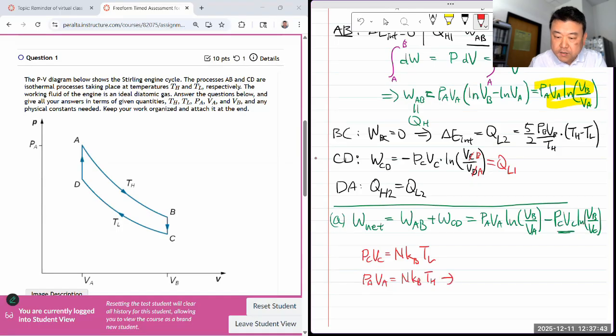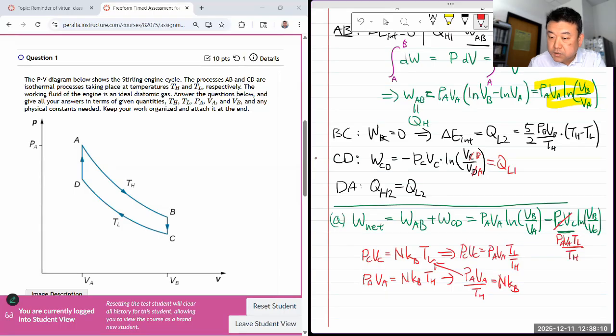So I solve this for NKB: PAVA over TH, and plug that NKB in there, which will give me PCVC is equal to PAVA TL over TH.